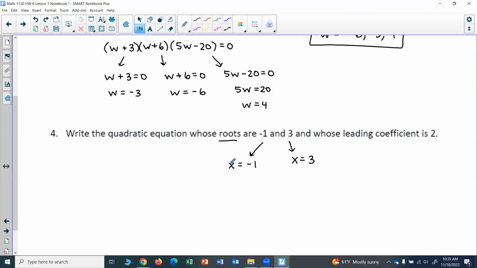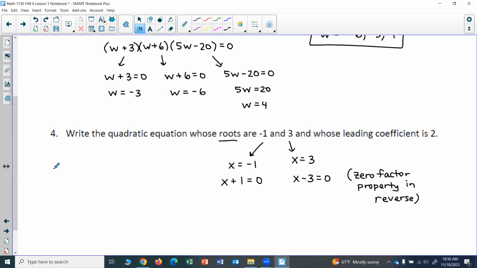So if I want to use the zero factor property in reverse, that would give me x plus 1 equals 0, and that would give me x minus 3 equals 0. So basically, I used the zero factor property in reverse. So I took my solutions and I figured out what would the factor be that would have to equal 0.